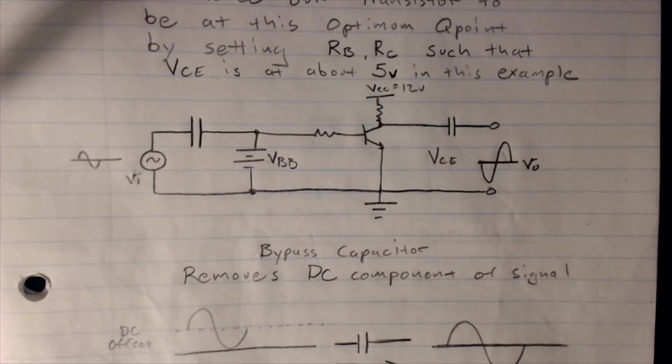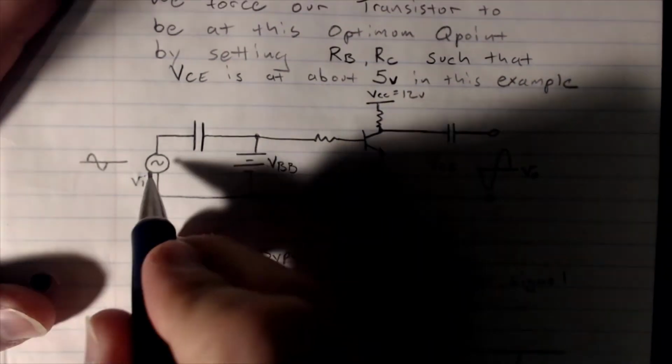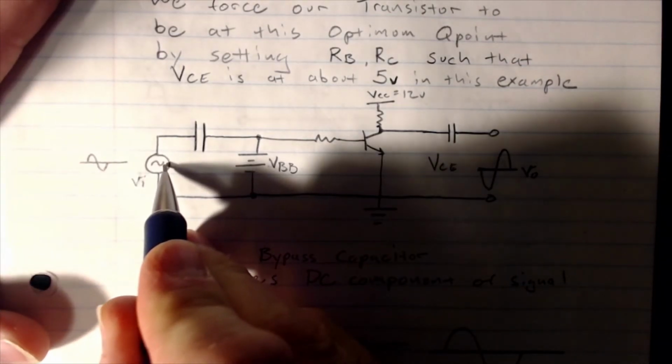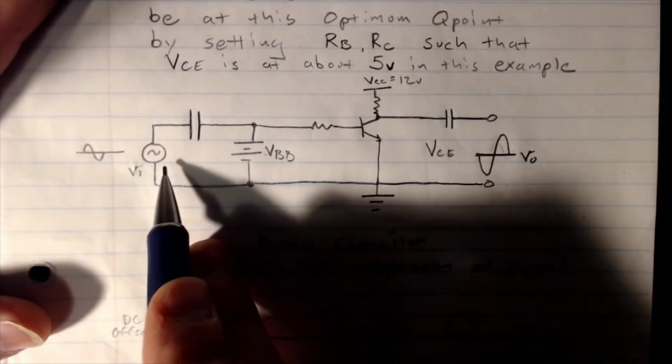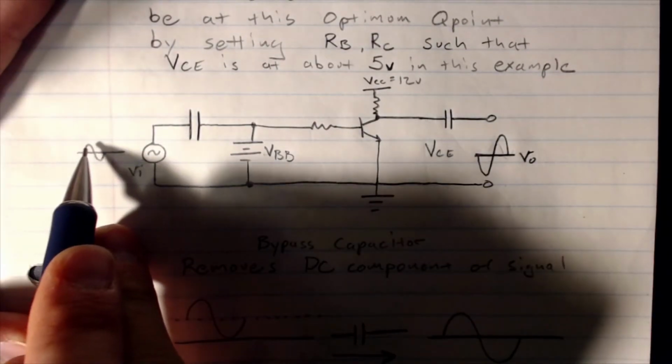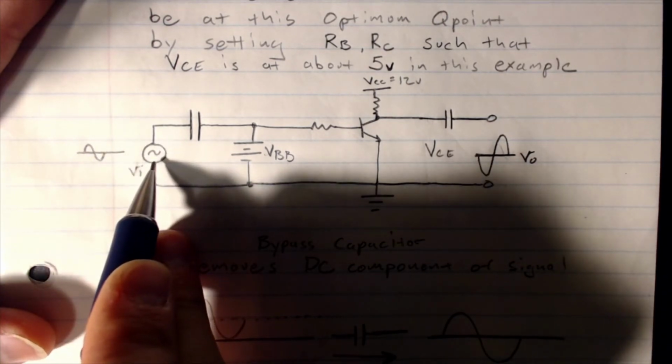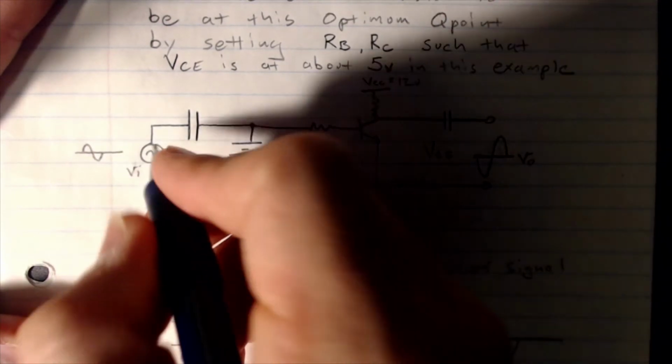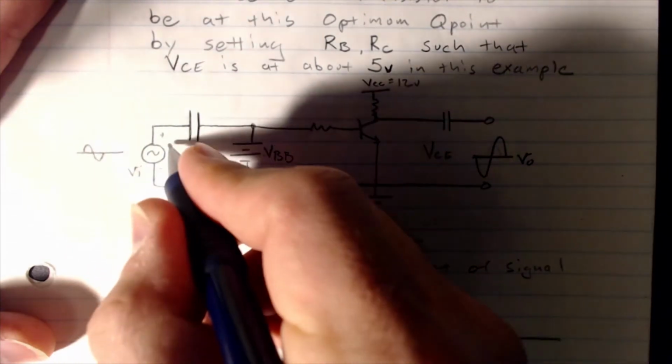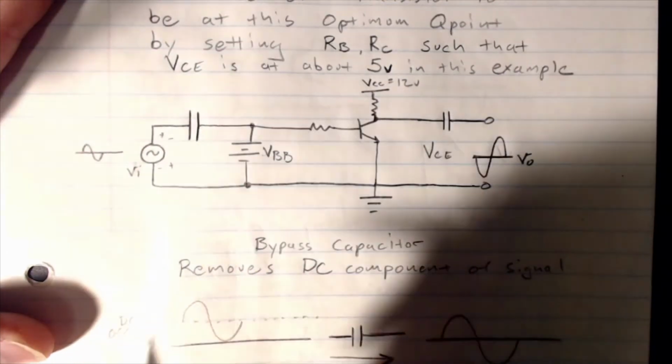Okay, now what this means for our signals is if we're working with an AC voltage source, remember our signal's going to be centered at 0 when we're looking at an AC voltage source, right? Half of the time this is positive, and the other half of the time this is negative.